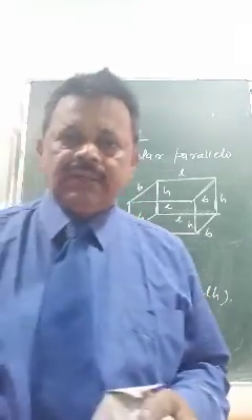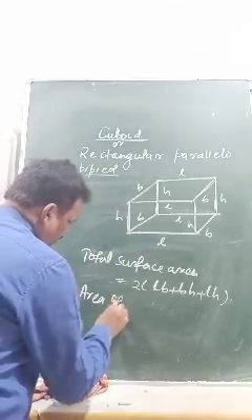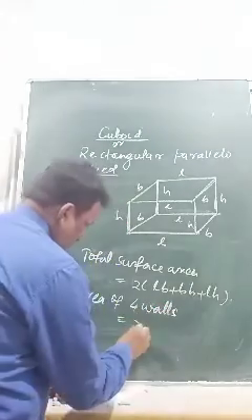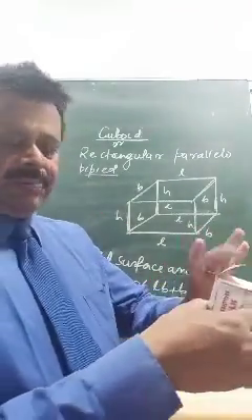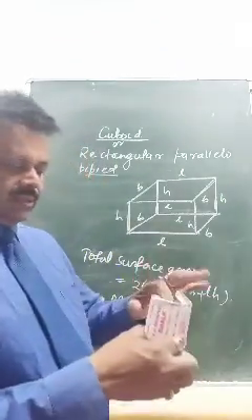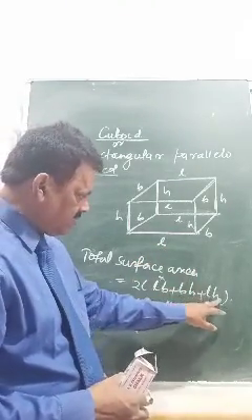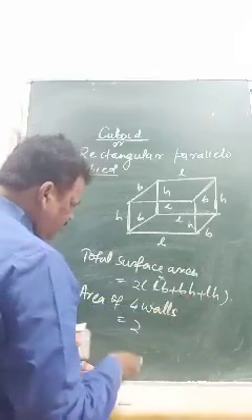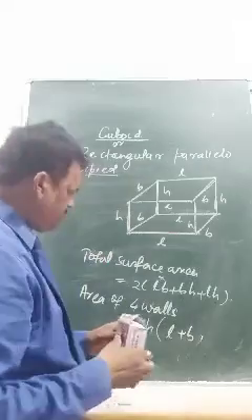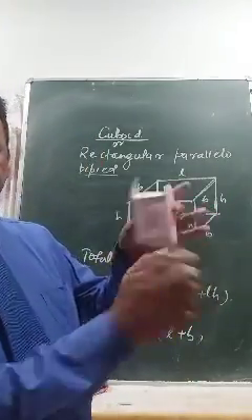Then area of 4 walls. This LB will not come, this LB will not come; this will remain, means H common, 2(L plus B), so 2H(L plus B), because area of 4 walls means wall 1, wall 2, wall 3, wall 4.